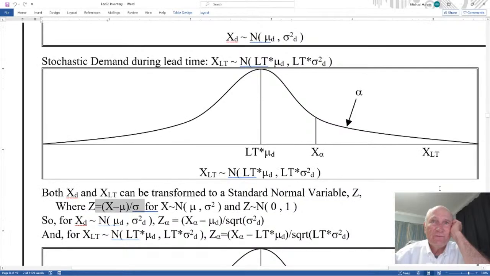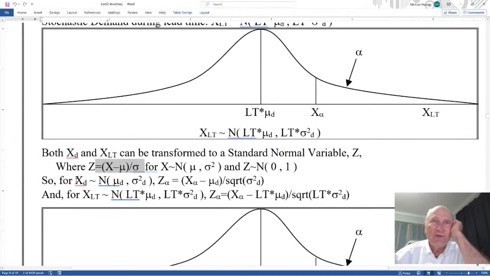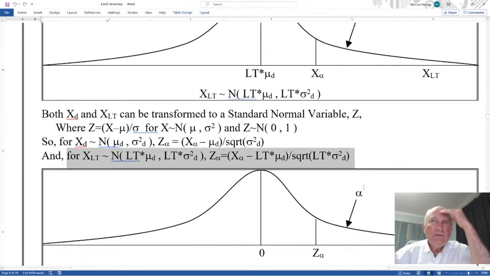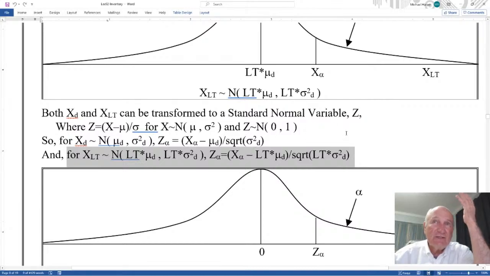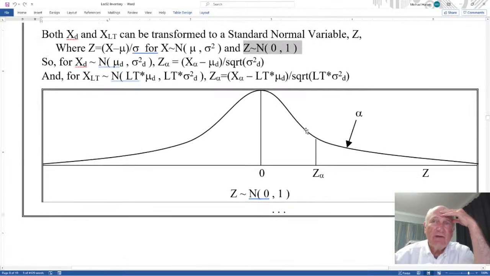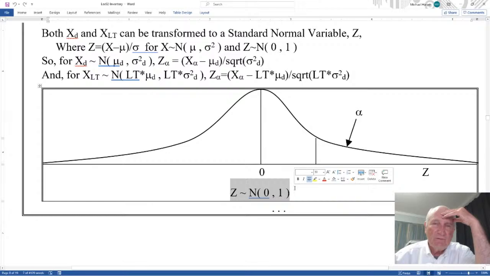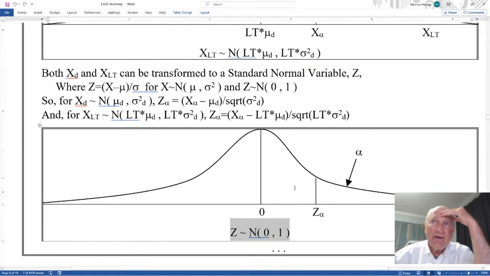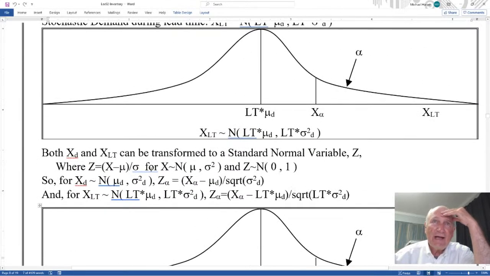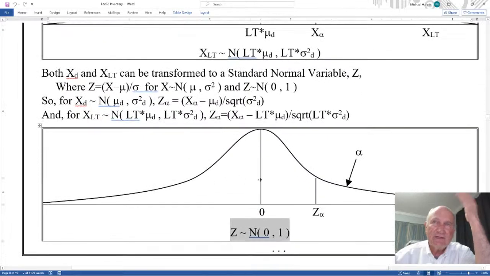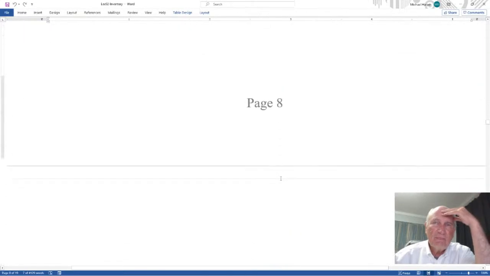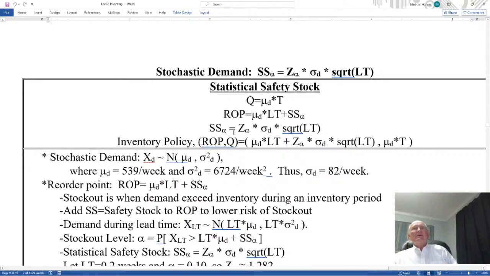So for the demand, I'm going to have that expression. For the demand during lead time, I'll have that expression. We're not going to get too much into this, that's why I'm going fast. But the Z then has a mean of 0 and a variance of 1. So this page is just introducing the Z variable. And how do you get to the Z? You subtract the mean and divide by the standard deviation. That's all you do. Okay, and that's how I use this.